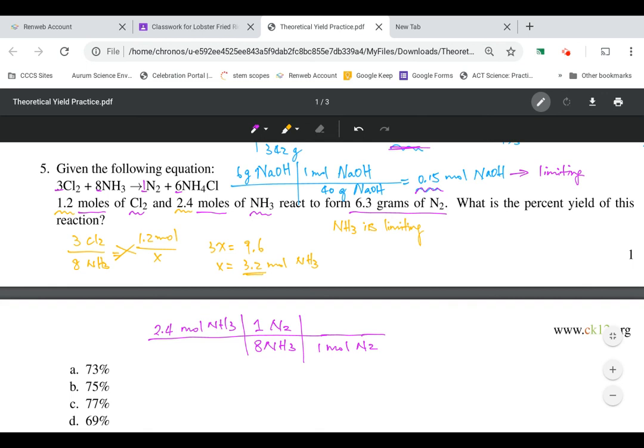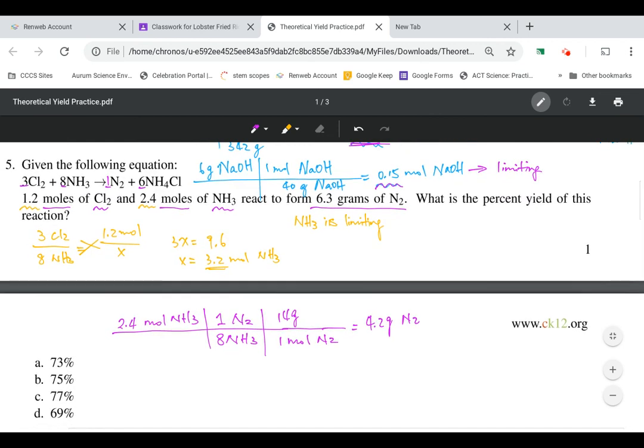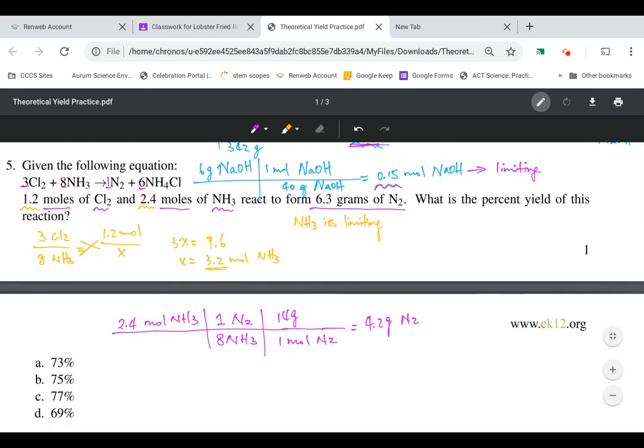Then 1 mole of N2 is 14 gram. So you calculate it, 2.4 times 14 divided by 8 is 4.2 gram of N2. So this is your theoretical yield, right?